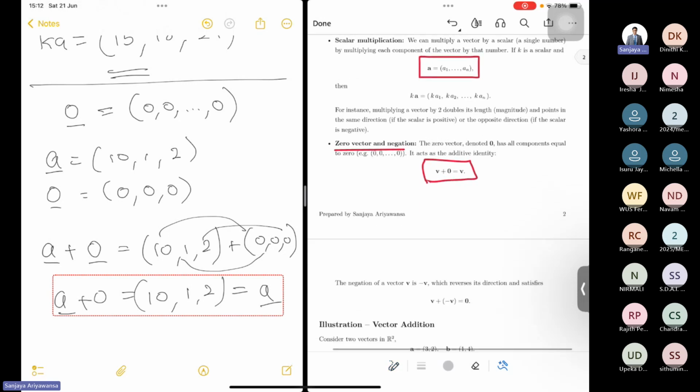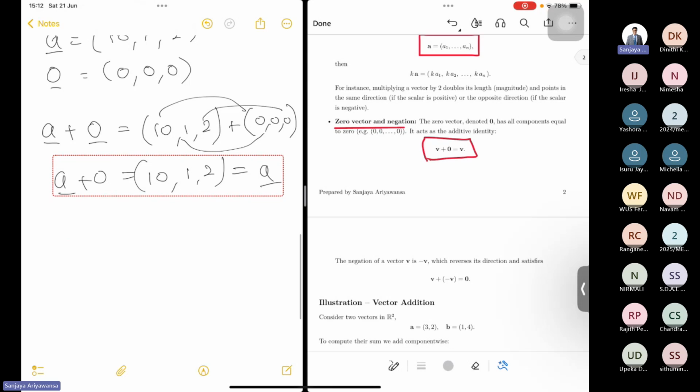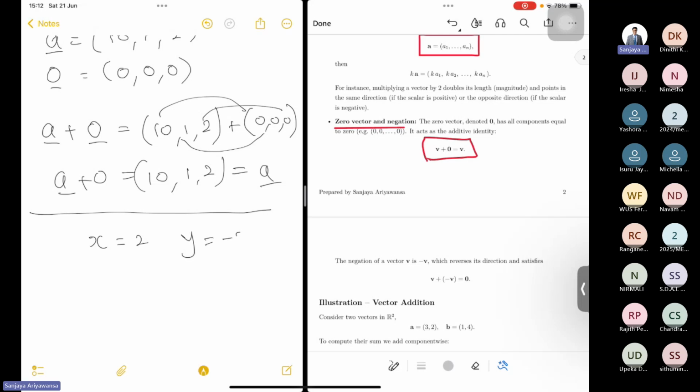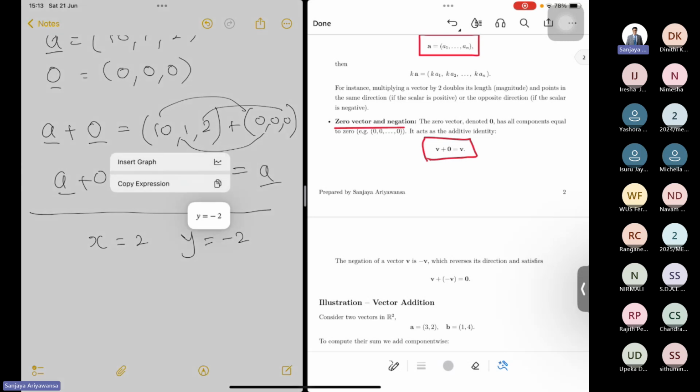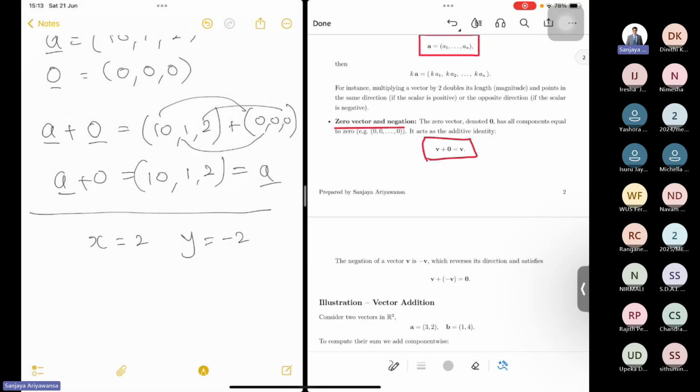And then you have something called a negation of a vector. Now in real numbers, let's take the real number x equals 2, then y equals minus 2. y would be the negation of x, right? Why is that? Because x plus y, which is 2 plus minus 2, gives you 0.